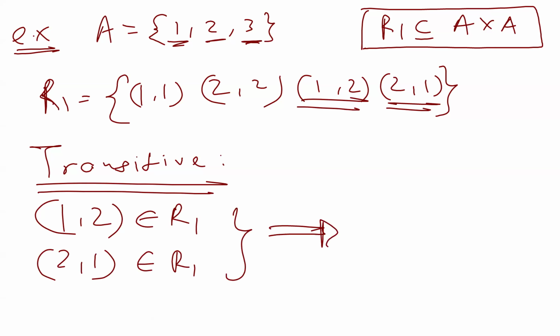What does this imply? A comma C, that is 1 comma 1, should also belong to R1. Is this true? The answer is yes. So for this example also, nothing fails.